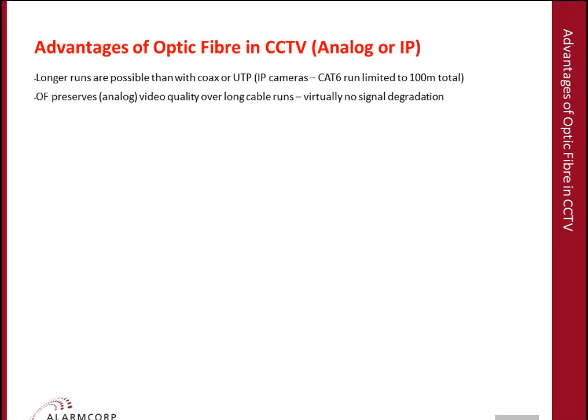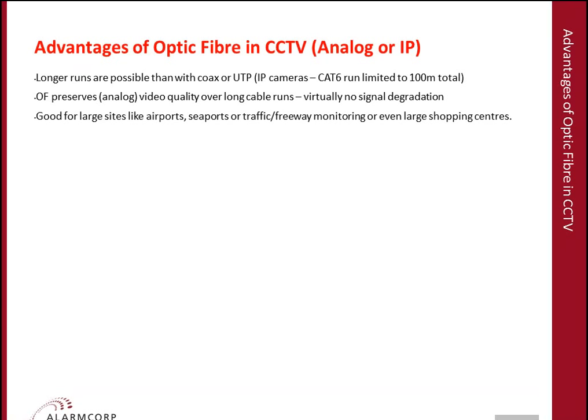Next, optic fiber preserves analog video quality over longer cable runs. When compared to copper, there is virtually no signal degradation, even with the old analog type IFS transmission. And with the new digital encoded IFS, basically, if we stick within the transmission limits, there will be no degradation because the signal transmission is entirely digital.